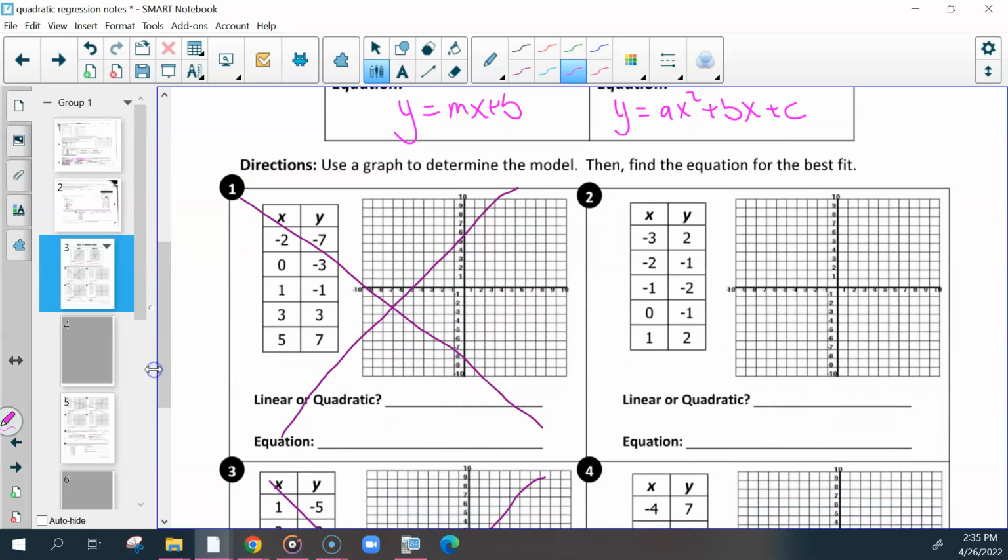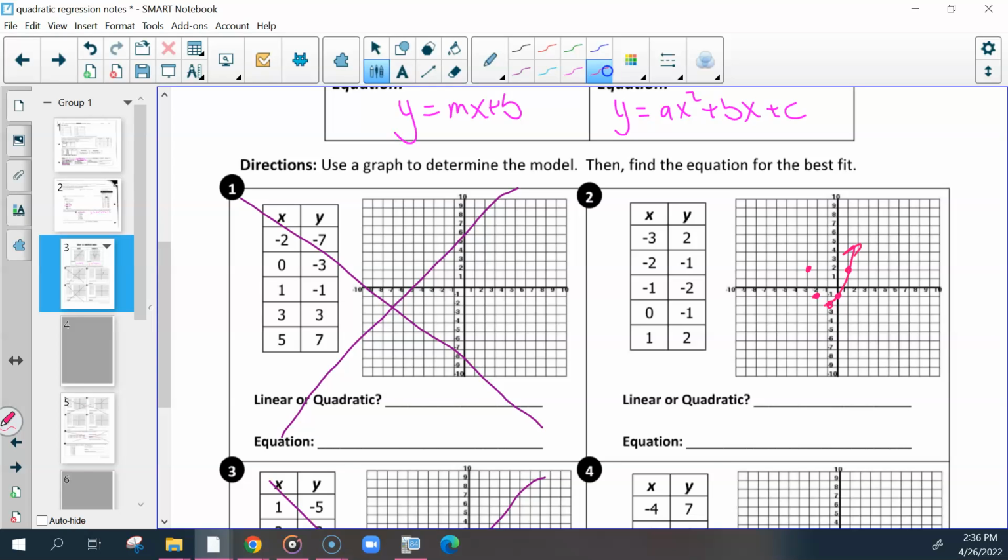So for the first one, now it's asking linear or quadratic, and we're skipping the ones I know are linear. So you can already assume this is going to be quadratic, but to show you how we would know that by just graphing it, we're going to plot these points. So negative 3, 2, negative 2, 1, negative 1, negative 1, negative 2, 0, negative 1, and 1, 2.